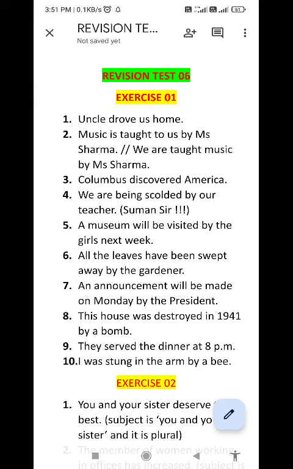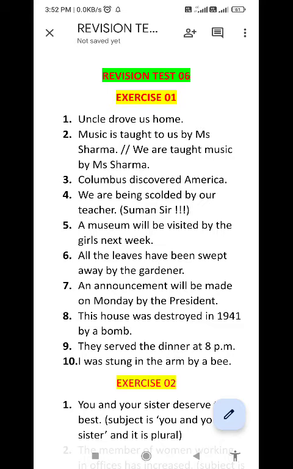So in order to change it into passive, I have to add the V3 form of be verb, that is been, and exchange the places of the subject and object. So it is written that all the leaves, which is a subject, it is plural, and you have to write the plural form of have verb, that is have. All the leaves have been swept away by the gardener.